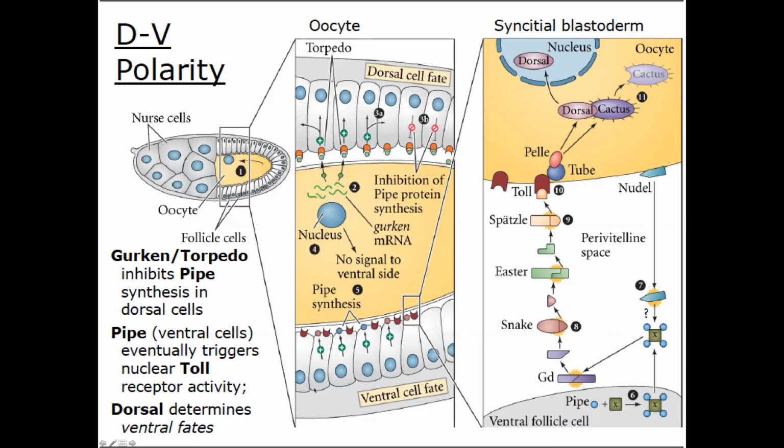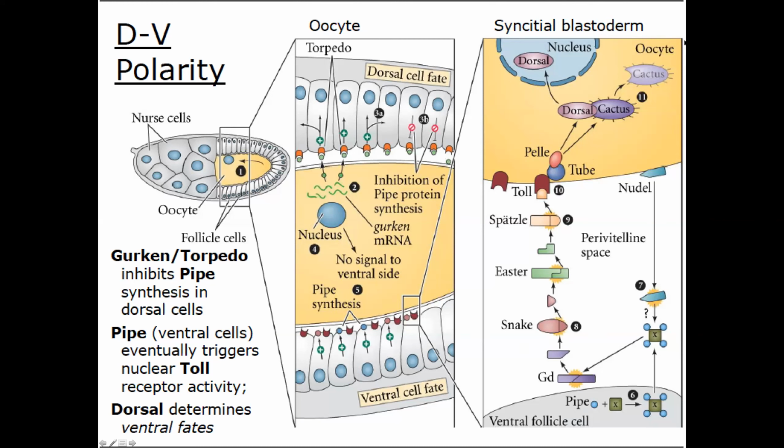The other end of the follicular cells are not making the inhibitor, but they have not acquired a ventral fate yet. I mean, they're potent to become ventral, provided they have the activation of the toll pathway, which is seen later on post-fertilization.